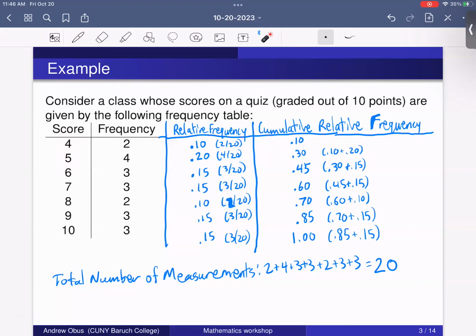In this case, our classes are just individual measurements, and we mark it in the appropriate bar. So for 4, the cumulative relative frequency is 0.10, so we mark it inside the 4 bar. And then the 0.30 we mark inside the 5 bar, and so on.